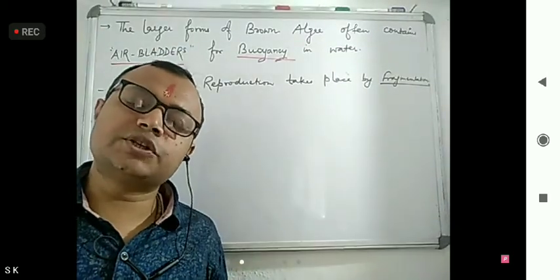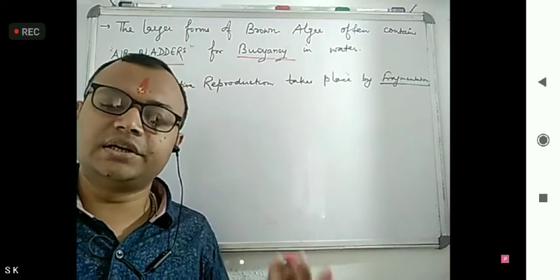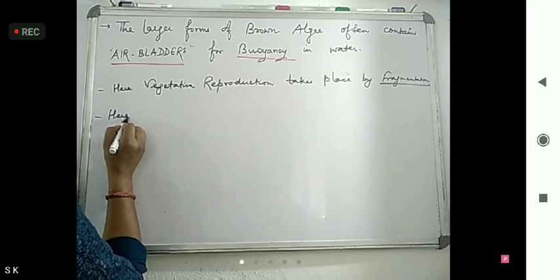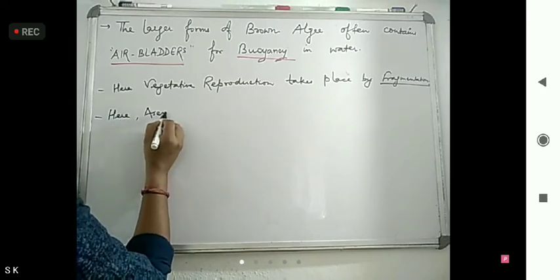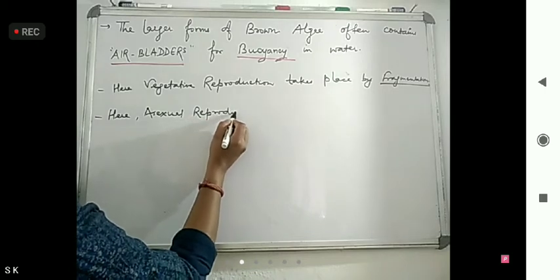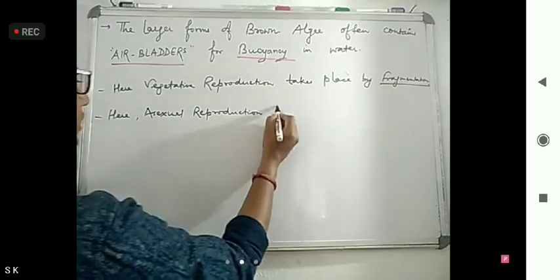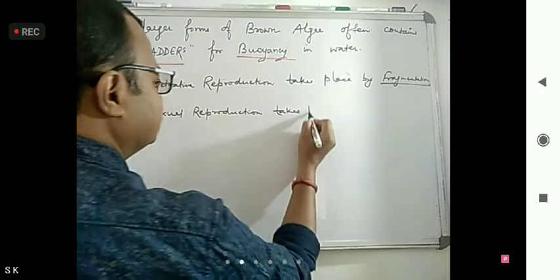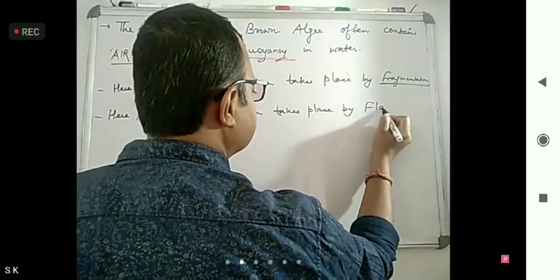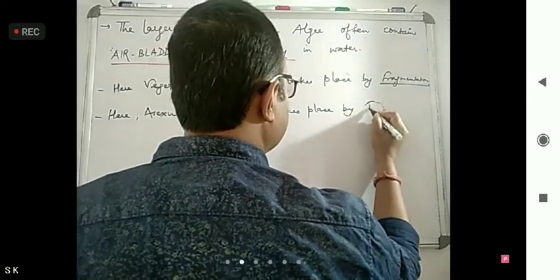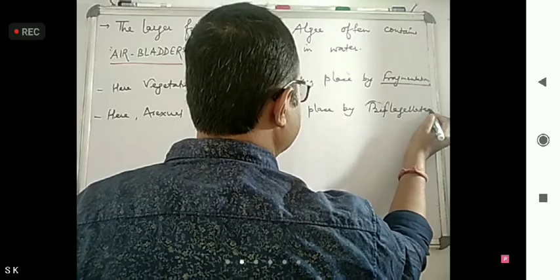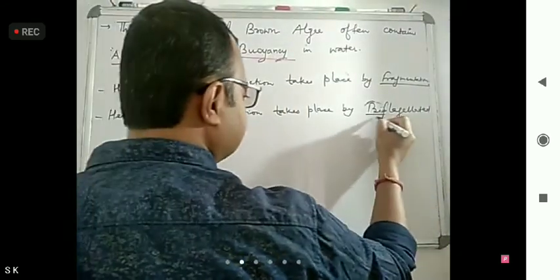Now, asexual reproduction takes place by biflagellated zoospores. So here asexual reproduction takes place by biflagellated, flagellated means flagella, bi means two.